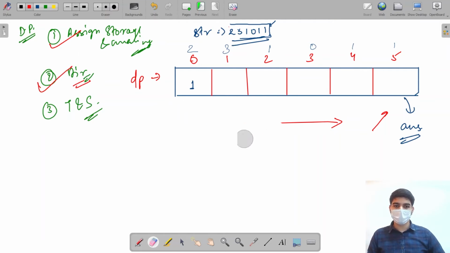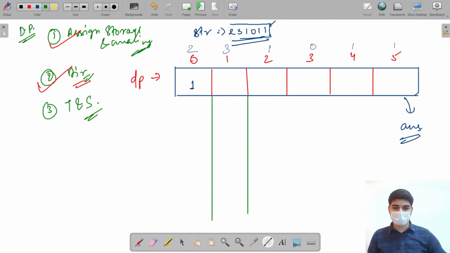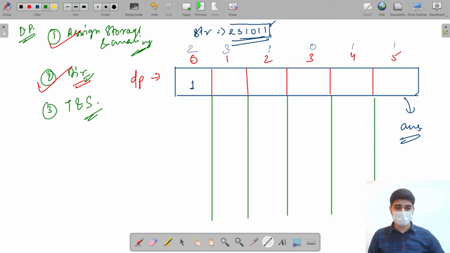Now, what we are going to do is traverse and solve. To do that, I would extend this dp, and we are going to use the logic of recursion that we used when we drew the recursive tree.